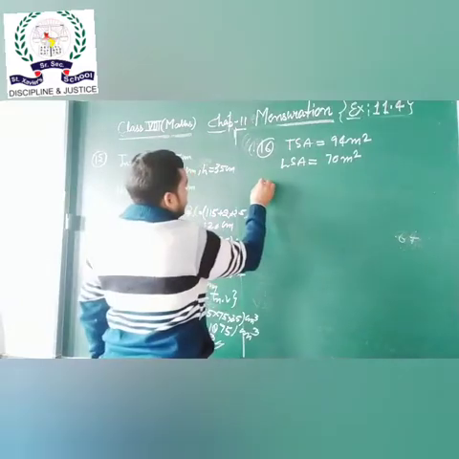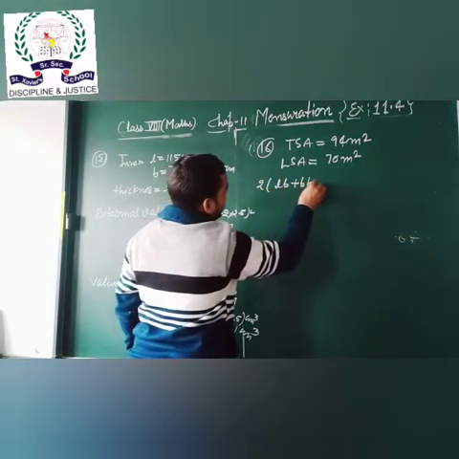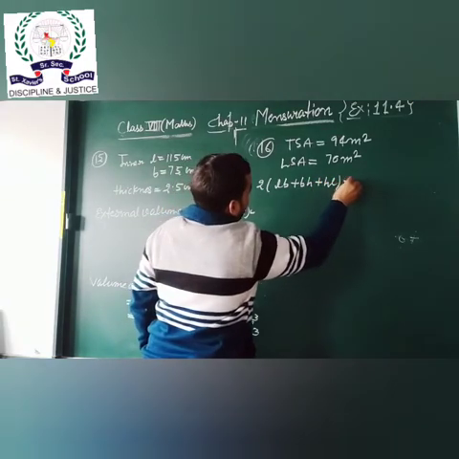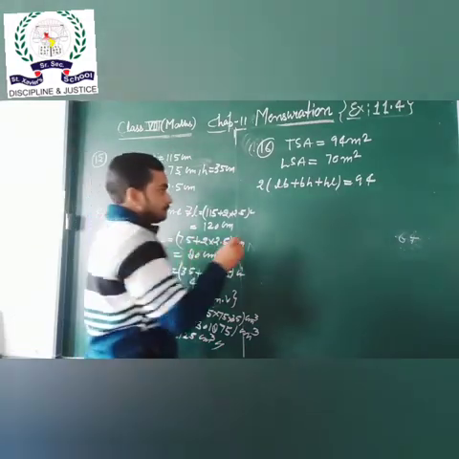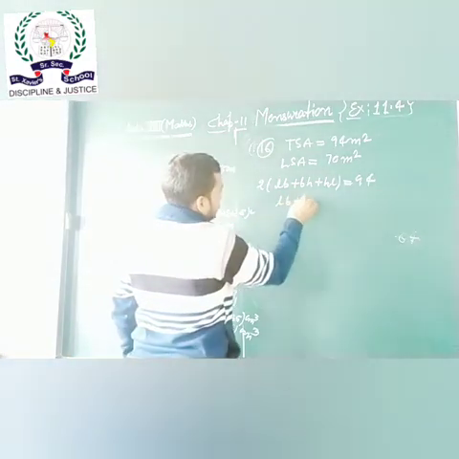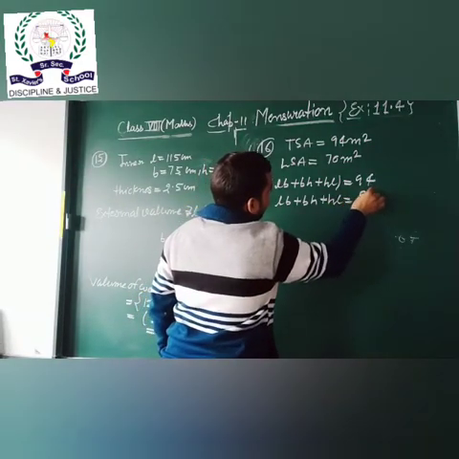We know that TSA equals 2 bracket LB plus BH plus HL equals 94. Then we divide by 2. So LB plus BH plus HL equals 94 upon 2.